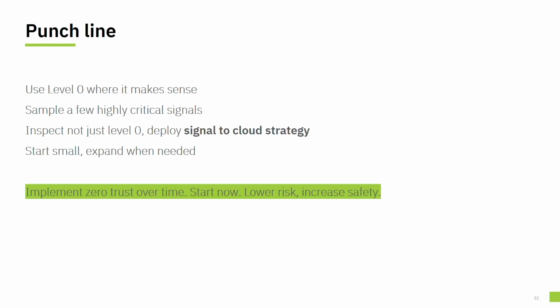Don't overdo it. Don't sample too many. All right? And then inspect not just level 0, create a full signal-to-cloud strategy and get as many input vectors as you can. Start small and expand where needed. Overall, always implement zero trust over time. Start now, lower the risk, and increase your safety. Thank you very much.